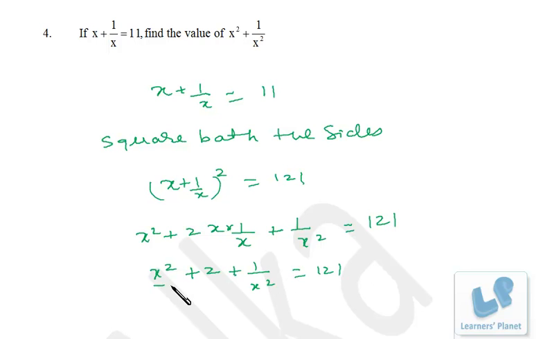Now we want the value of x square plus 1 upon x square. So what will that be? Just shift this 2 to this side. So it will be 121 minus 2. So that's 119, right? So if x plus 1 upon x is given, you can easily calculate the value of x square plus 1 upon x square like this. I hope you are getting me.